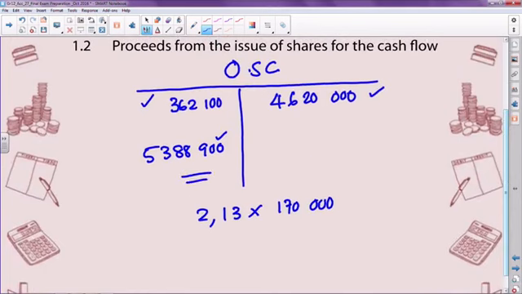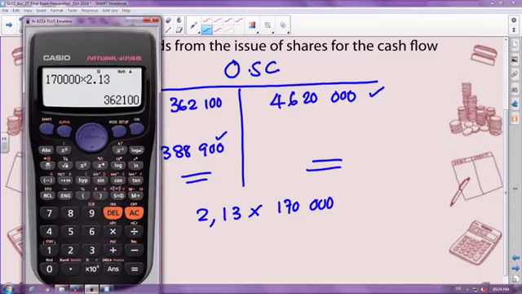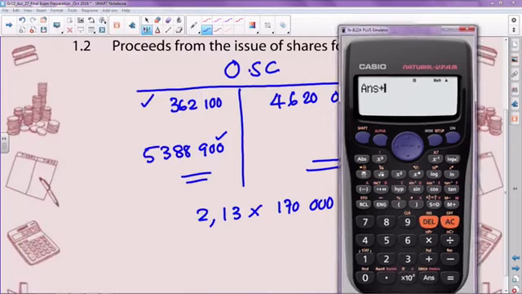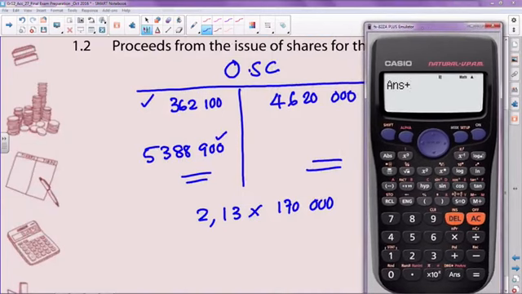All that I need to do now is find the missing figure. And how do I do that? Very simple. We say 362,100 plus 388. No, it's not 388. Let's just get this calculator to a place where we can see all our figures. So once again, let's delete that. Let's go back to it.